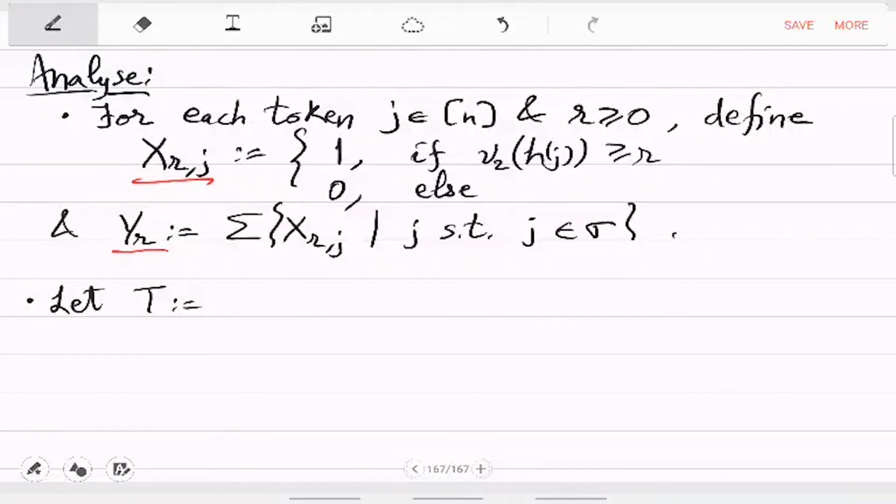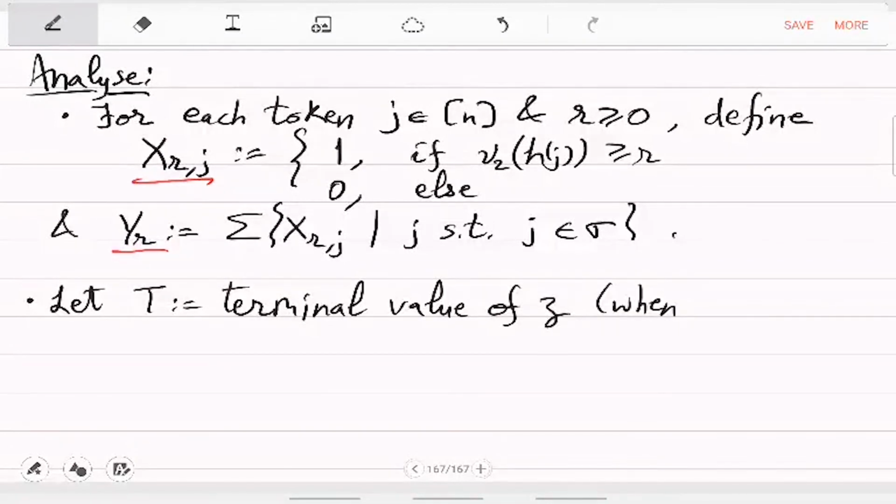And let t be the terminal value of z, when the algorithm stops. That is t. What was the maximum that z reached? So, now some simple properties.